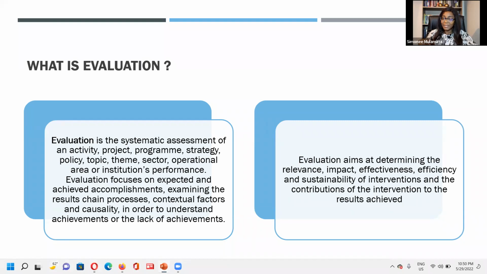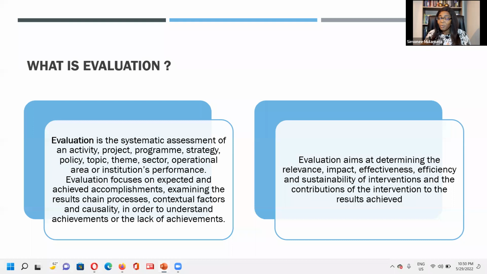It aims at determining the relevance, the impact, the effectiveness, the efficiency, and the sustainability of interventions and the contributions of the intervention to the results achieved. So if my intervention is a training, I want to see that the results are people are informed, you see a change in behavior, you see a reduction in certain types of diseases after the training, compared to before the training.